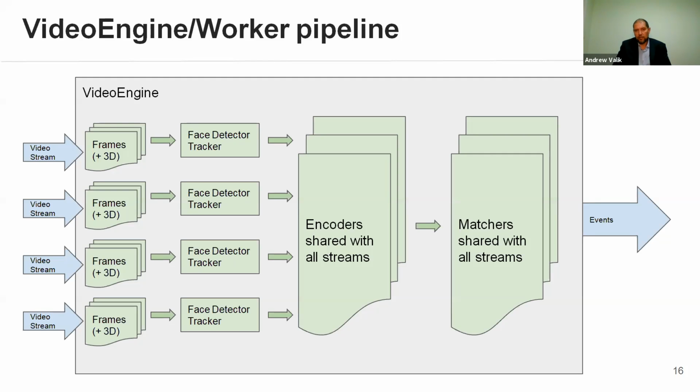In this case, all encoders will be used to process all the faces in this video stream, and you will receive the maximum results. You will receive all results for all faces, for identification of all faces.